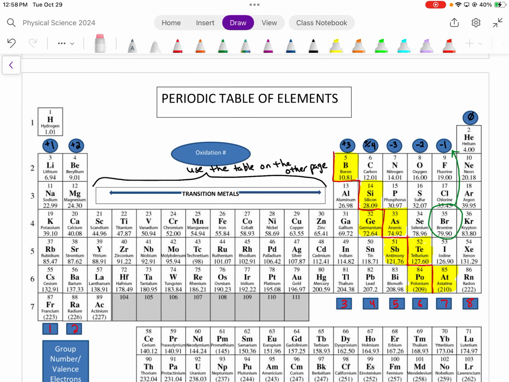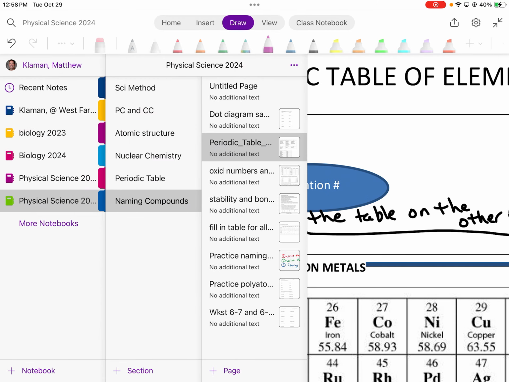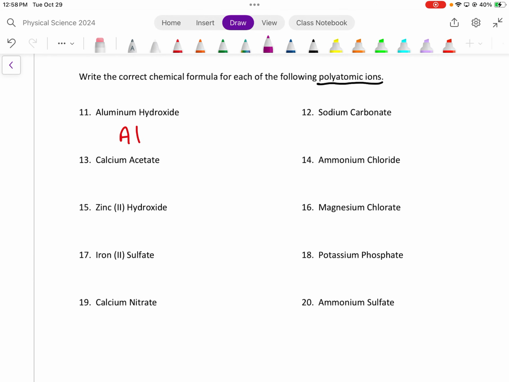Here's aluminum. Aluminum, we already have the Al, and it's a +3. So I have OH with a -1, and then Al is a +3. Now that I've got that, I crisscross just like I did before.